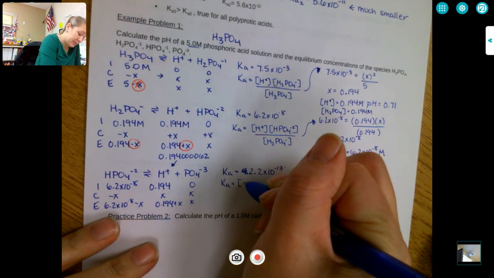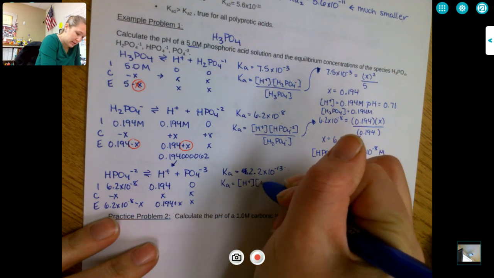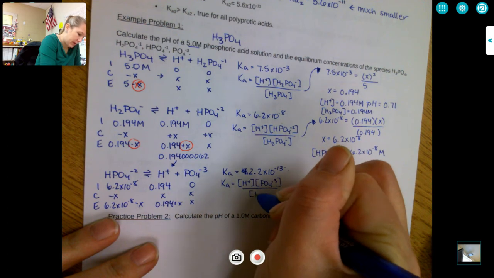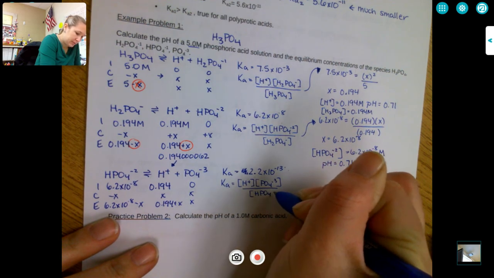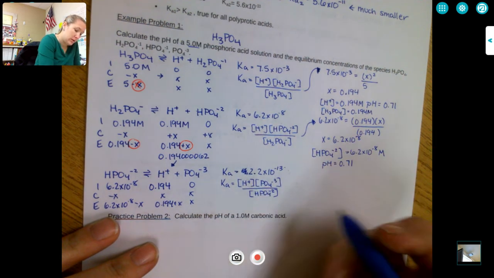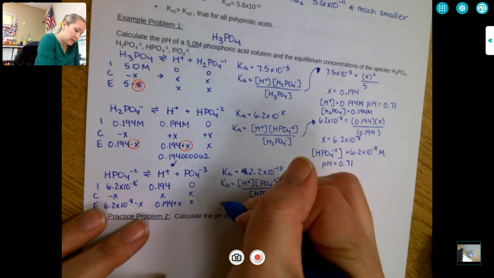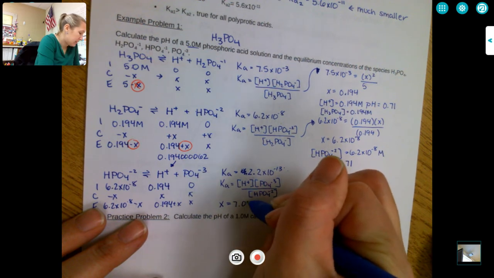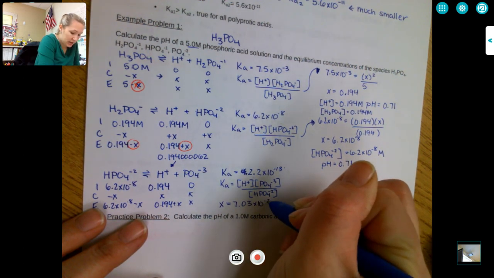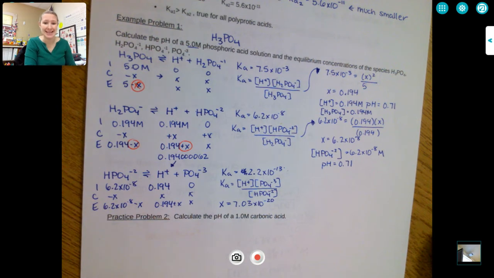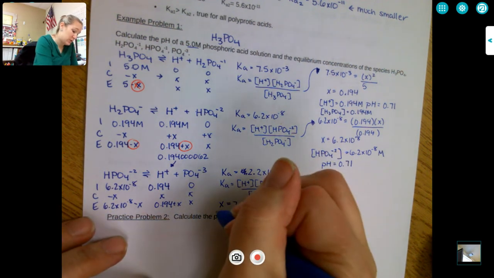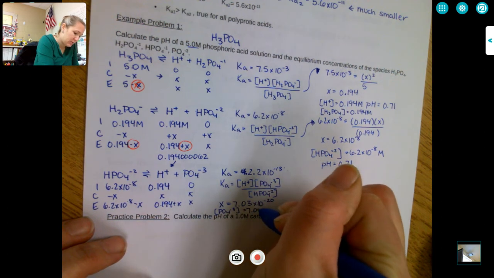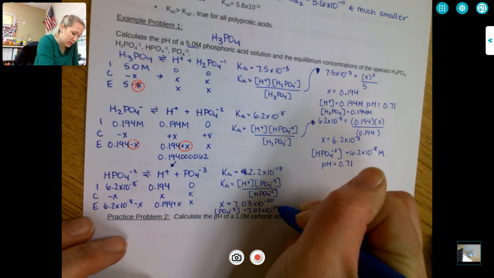Again, Ka, H plus, PO4 minus 3, HPO4 minus 2. We plug in all of these. I think you'll take my word for it that when we get to this point, our X equals 7.03 times 10 to the negative 20. That's tiny, even smaller. So that is my concentration of phosphate ions, 7.03 times 10 to the negative 20 molar.